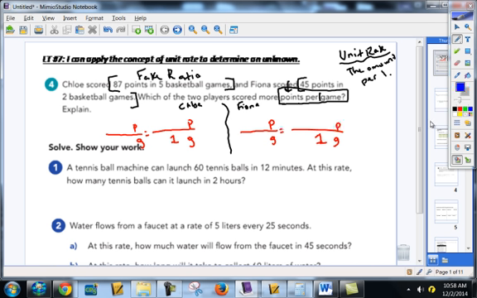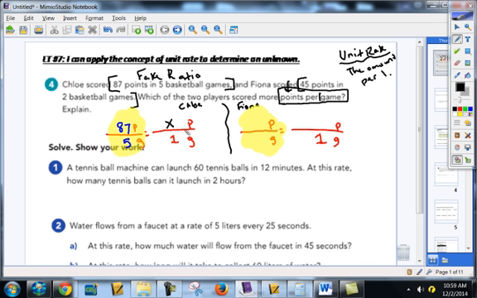Now, just like we've done all along, this one here is going to be our fake information, or our given information. It's not what we are trying to figure out, it's what we already know. For Chloe, we know that she scored 87 points in 5 games. So there's my fake ratio. And again, we always like to put a variable here.